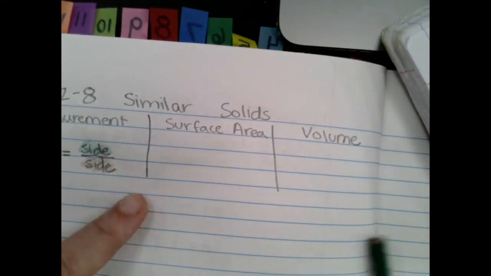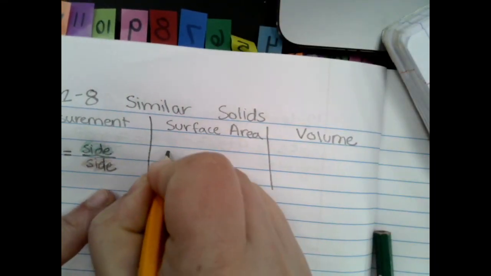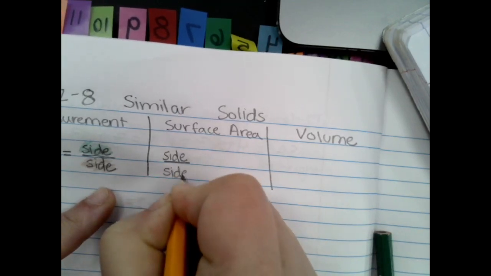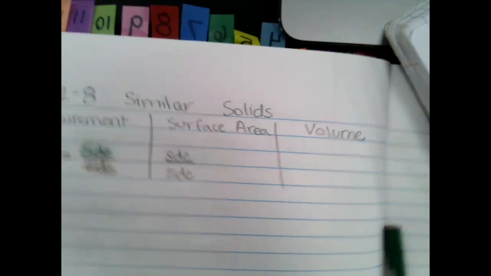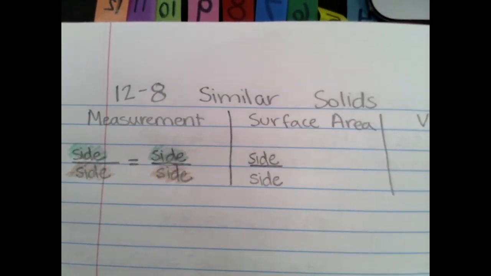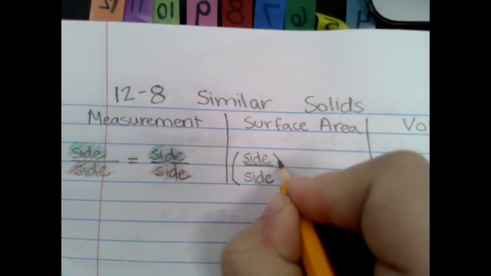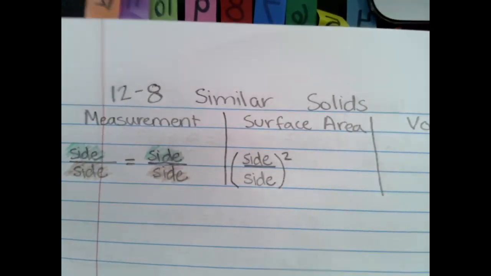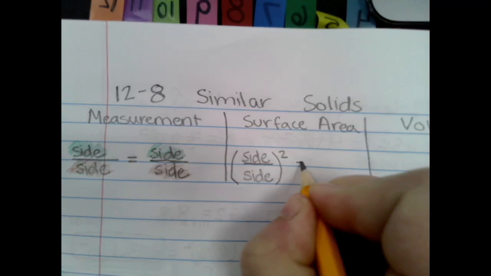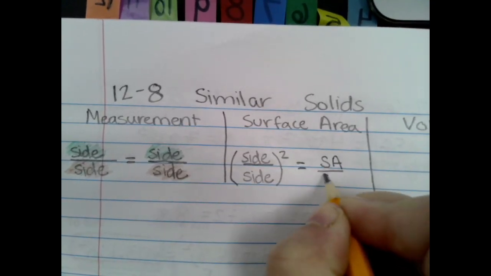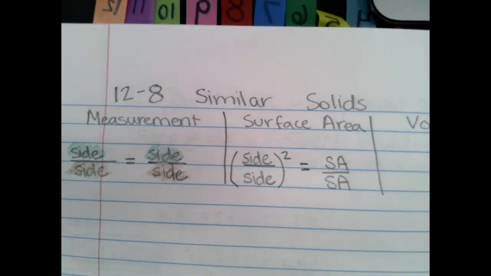So with surface area, we'll do side over side. So we're always going to compare sides from one shape to the second shape. But then for surface area, we're going to take this to the power of 2. Equals, and then we'll have our surface area over surface area. So I'm going to do SA for surface area there.